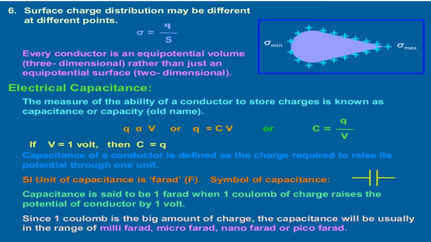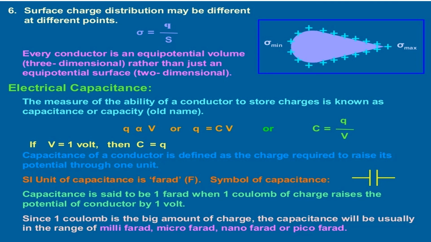Or Q is proportional to V, or Q equals CV, or C equals Q by V, where C is the constant of proportionality known as the capacity of the conductor. If V is equal to 1, then C is equal to Q. Therefore, the capacity or capacitance of a conductor is defined as the charge required to raise its potential through one unit. The SI unit of capacitance is the farad.